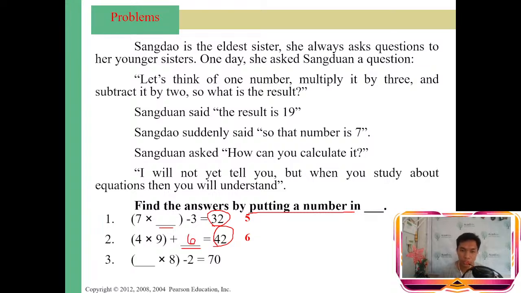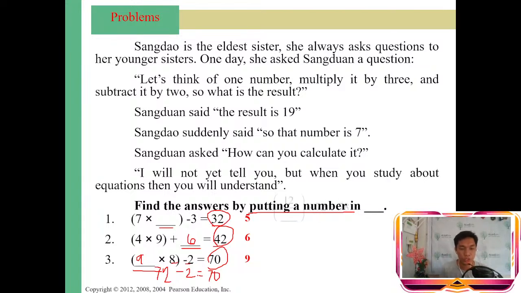What number can we multiply by 8 and then minus 2 becomes 70? We have 9. 9 times 8 is 72, and 72 minus 2 equals 70. So they must be equal.